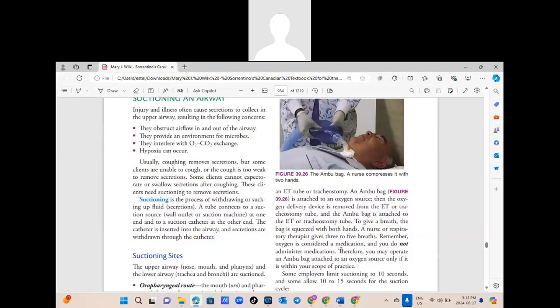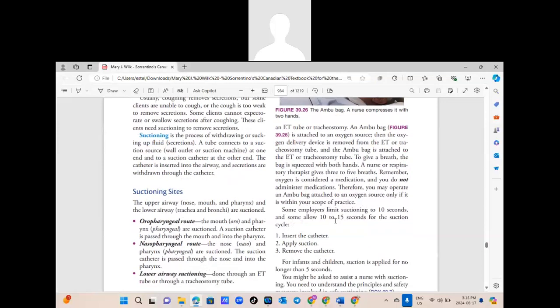So remember, oxygen is considered a medication and you do not administer medication. Therefore, you may operate an ambu bag attached to an oxygen source only if it is within your scope of practice and you are delegated. Some employers limit suctioning to 10 seconds and some allow 10 to 15 seconds for the suctioning cycle.